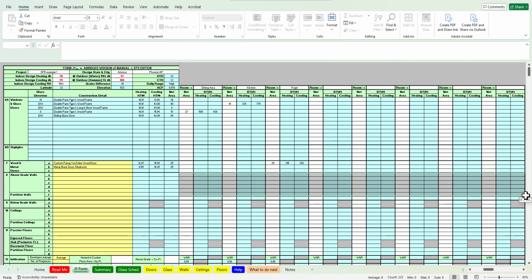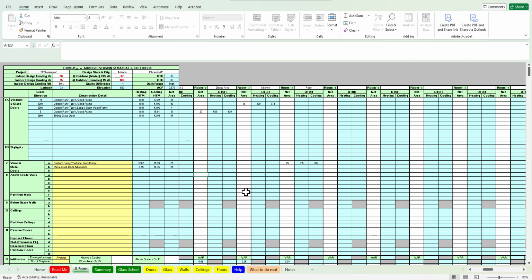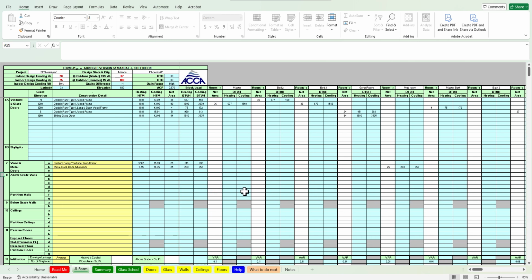We'll go room by room and populate the wall area. The wall area is going to be your length times your height of the wall, and then we'll deduct from that the net area of the windows. So let's get into it.